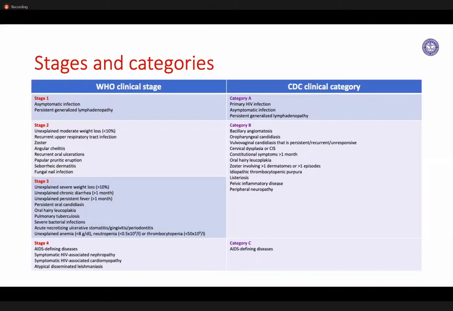On the other hand, on the right-hand side, the CDC category C is AIDS-defining illnesses, like opportunistic infections and opportunistic neoplasms, which are very specific or characteristic of HIV.